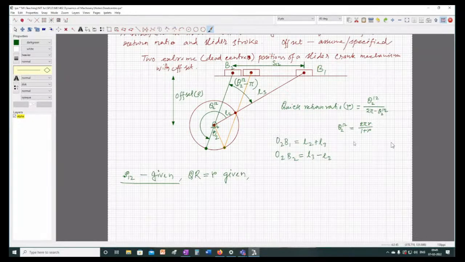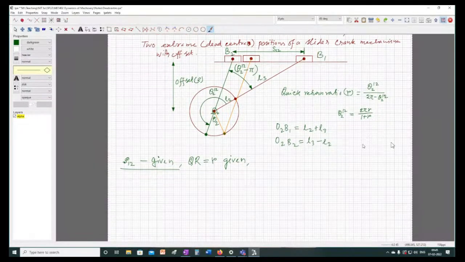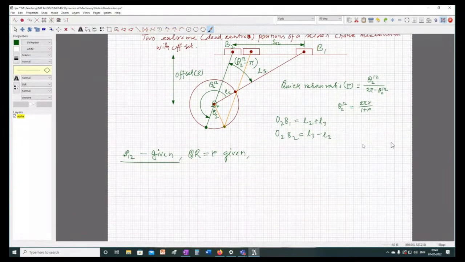In our last class, we discussed how to find out this theta 2 1 from the given QR. So the process we will follow: step 1 is to locate B1, B2 using S12.